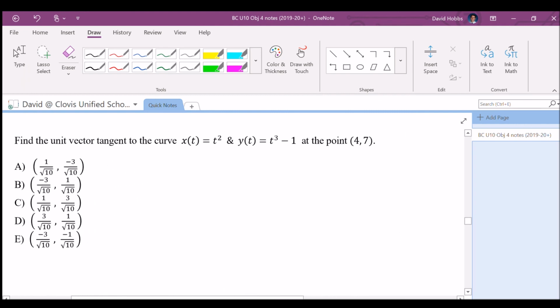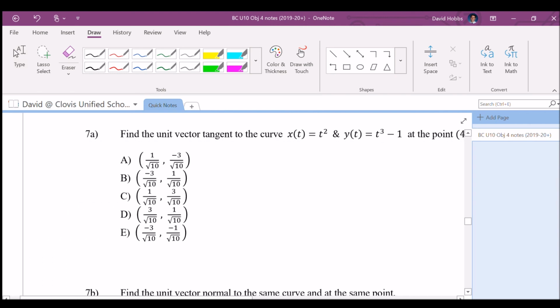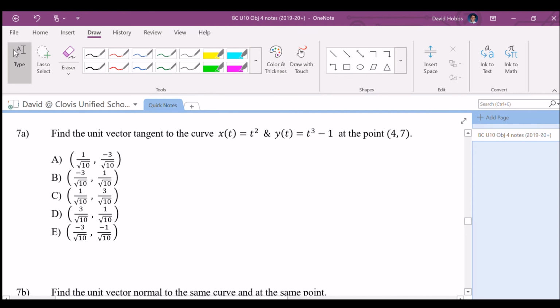Find the unit vector tangent to the curve, parametric equation x of t, y of t, at the point (4, 7). Okay, so a vector that's tangent to the curve is the velocity vector.